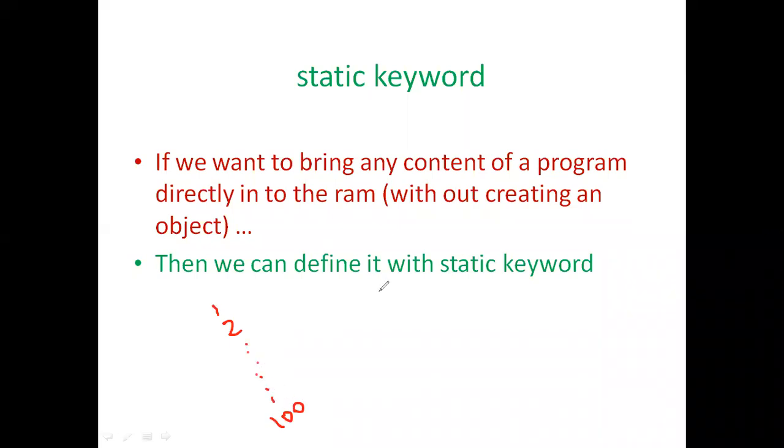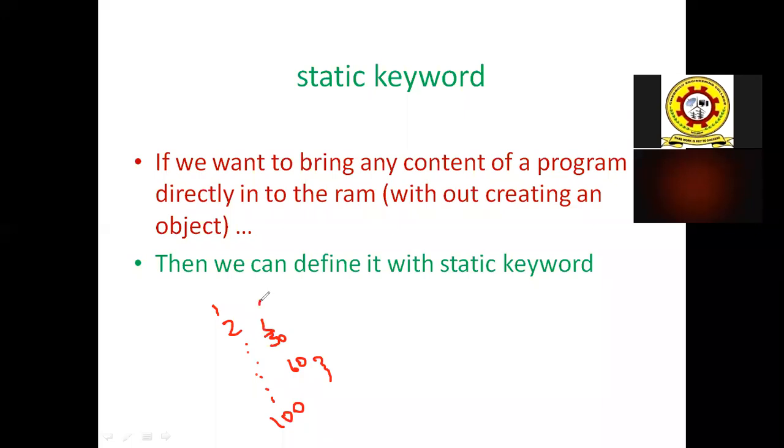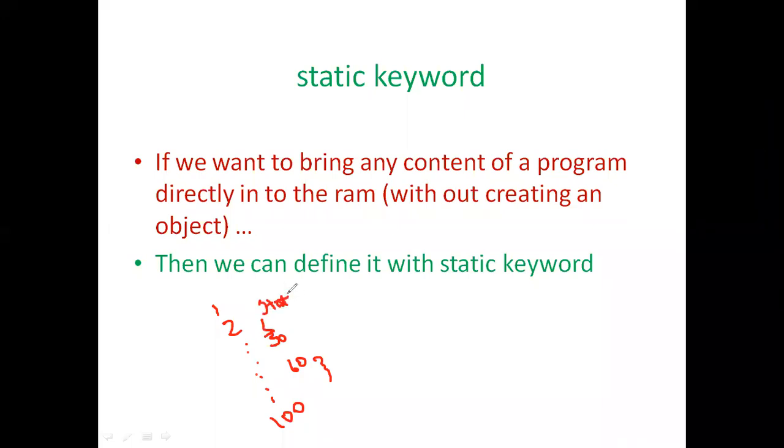Among those 100 lines, if I want to bring line number 30 to line number 60 directly into the RAM, I can mark lines 30 to 60 in a block and provide the static keyword for that block. Whenever the compiler encounters this static keyword, it is going to shift all those lines, from the 30th line to the 60th line, into the RAM directly.